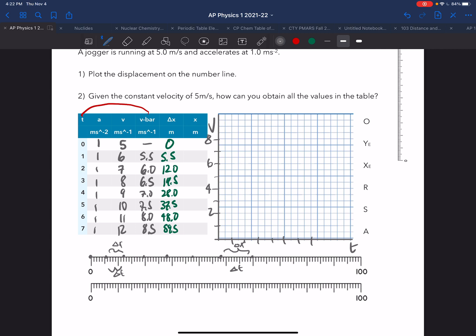Like so. So at time 0, we have a velocity that is equal to 5. And at time 1, we have a velocity equal to 6.